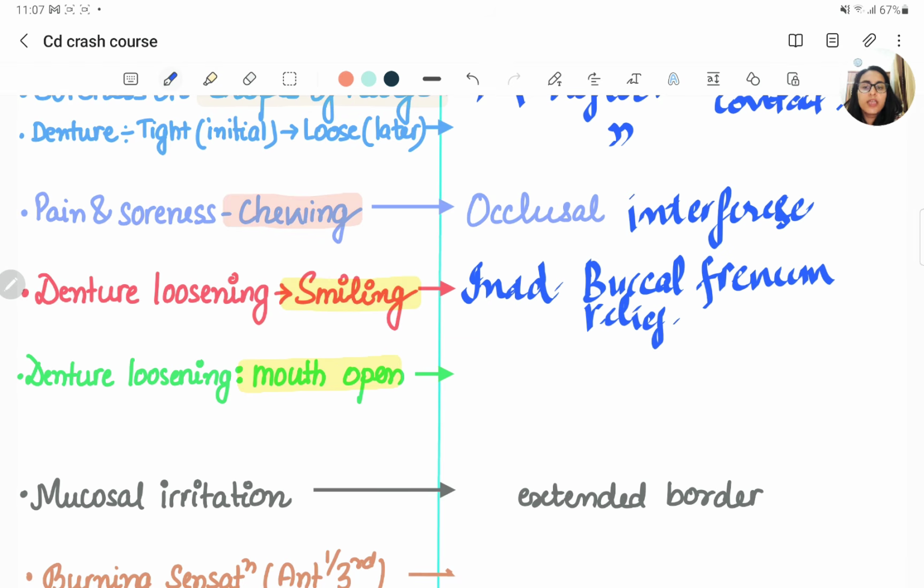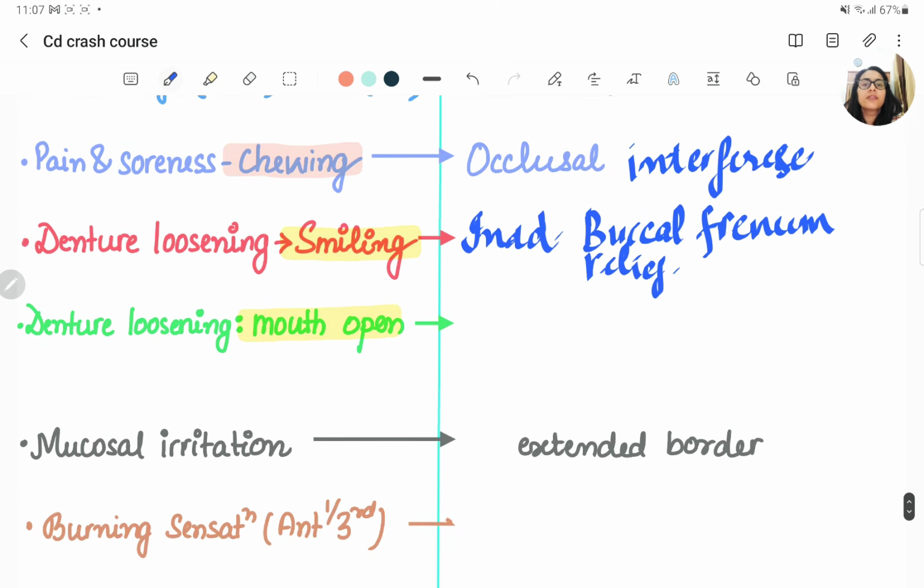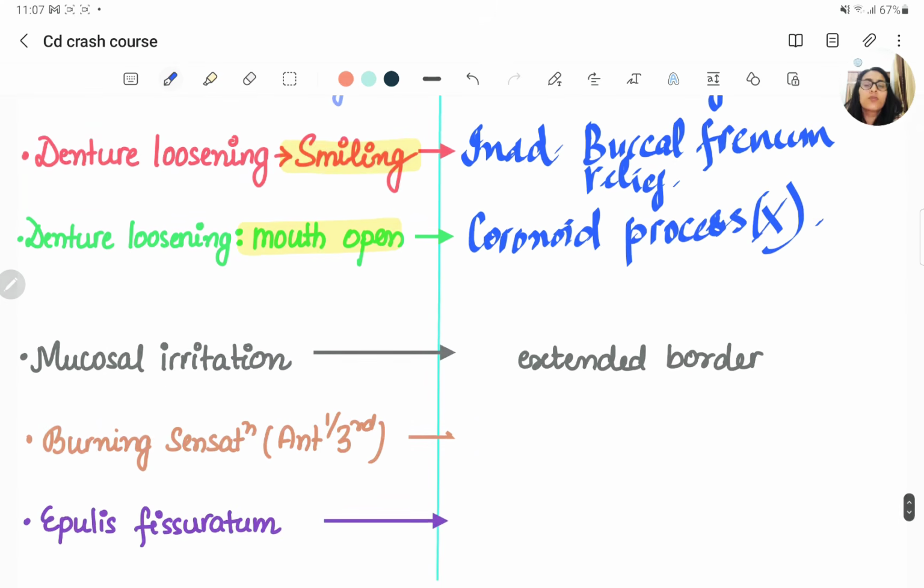The denture becomes loose when the patient opens the mouth wide. The coronoid notch is not recorded properly and there is more thickness in the distobuccal flange area of the maxillary denture, and that is the reason the denture becomes loose when the patient opens the mouth wide.